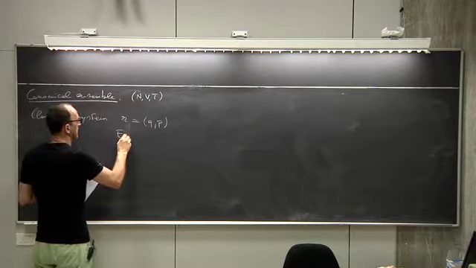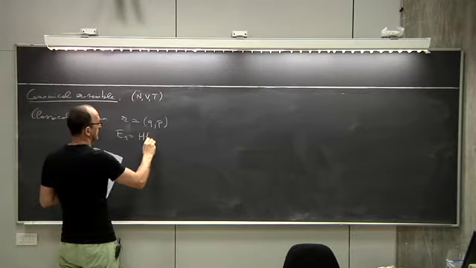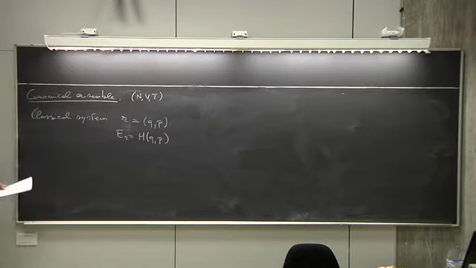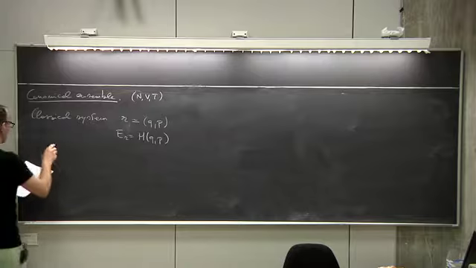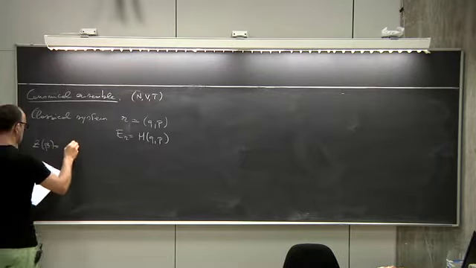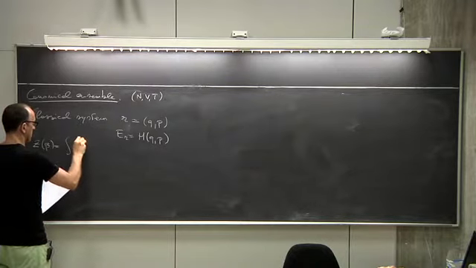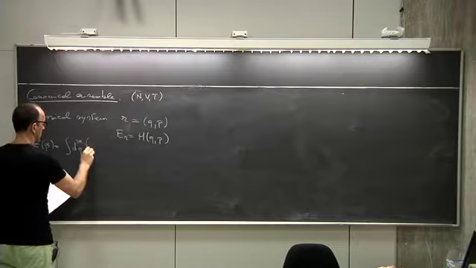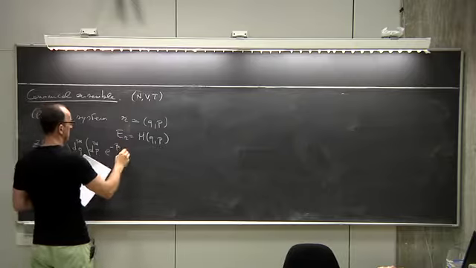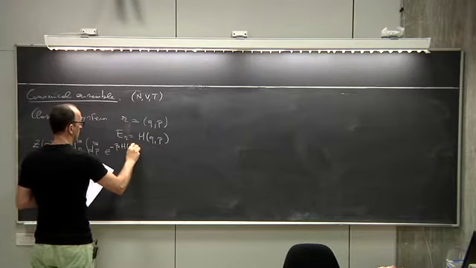And the energy E_r is given by the Hamiltonian. So all I need to do, in principle, is to compute the partition function, which is just this integral of e to the minus beta times H(q, p).